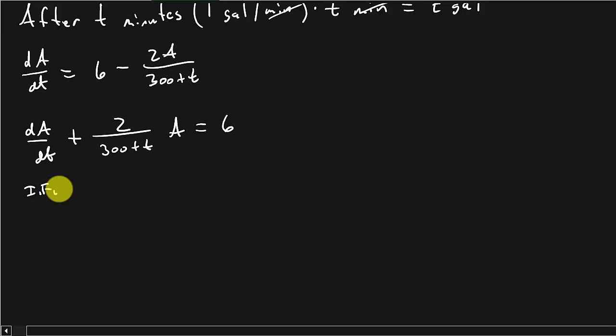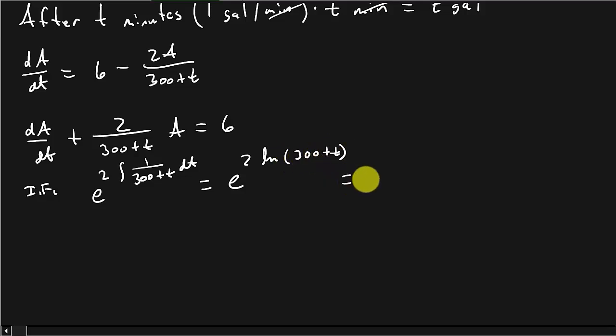That is going to be e to the 2 times the integral of 1 over 300 plus t dt, which is e to the 2 natural log of 300 plus t, which is e to the natural log of (300 plus t) squared, which is just (300 plus t) squared. And that would be our integrating factor.